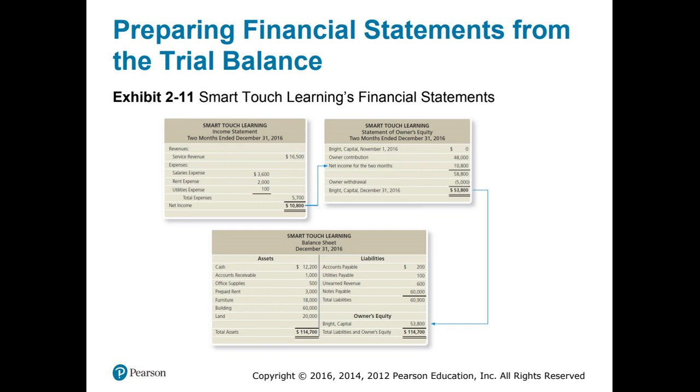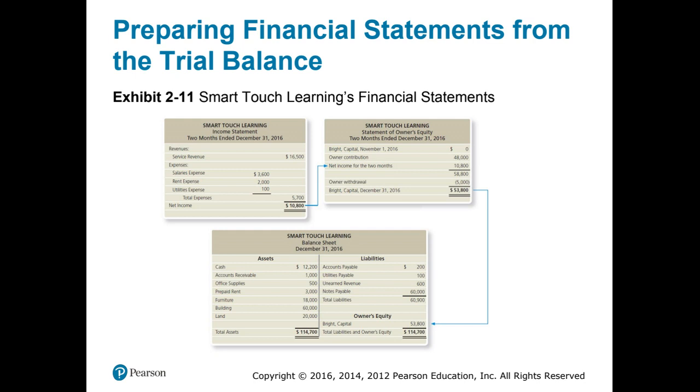The net income flows from the income statement to our statement of retained earnings, and then we subtract out our dividends, which gives us our retained earnings. Our retained earnings flows to our balance sheet. So if our retained earnings is off, then our balance sheet is going to be off.